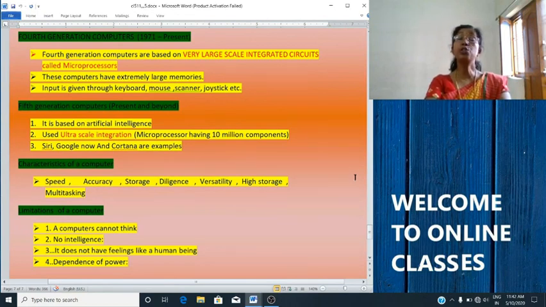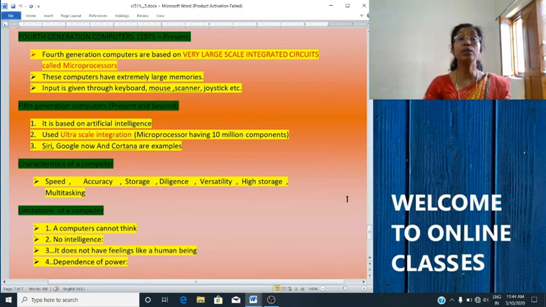Storage, a computer can store large amount of data. Diligence, computer, unlike humans, does not get tired or bored. It can work continuously for us without making any mistakes. It will maintain the same accuracy and speed even after millions of calculations.